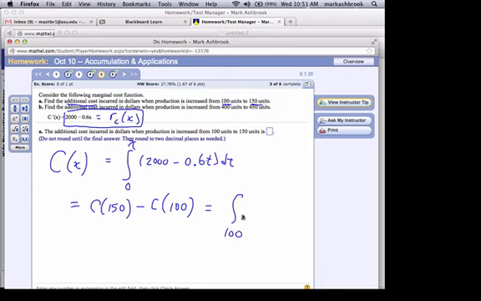We can start accumulating at 100, finish accumulating at 150, accumulating little bits, rate times change, rate times change. So again, review. That's one little bit, right? And what does this mean? Add up all the little bits, starting at 100, ending at 150.